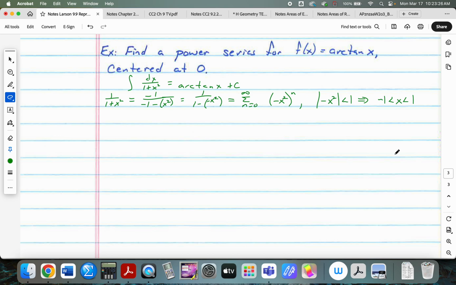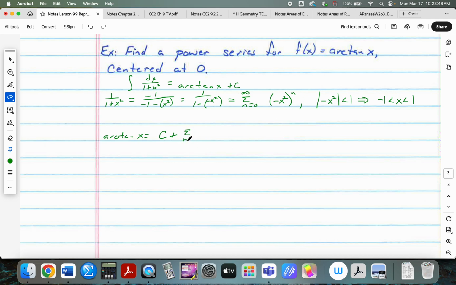So now that we have a series for 1 over 1 plus x squared, then arctangent should be c plus, and I'm simply going to take this series and take the antiderivative.